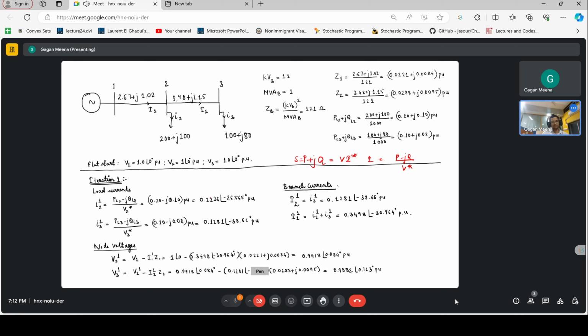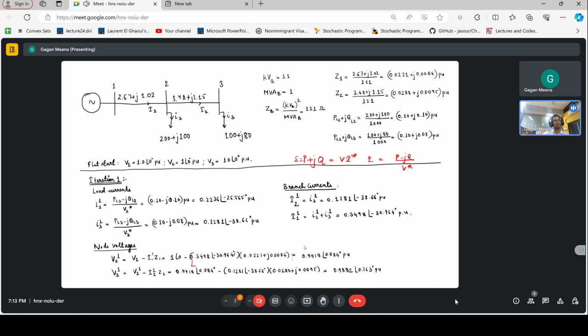So these are the voltages we have calculated, V2(1) and V3(1), and the load currents will be PL2 minus jQL2 divided by V2(1) star. Similarly, PL3 minus jQL3 divided by V3(1) star.